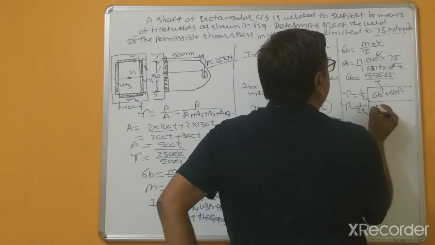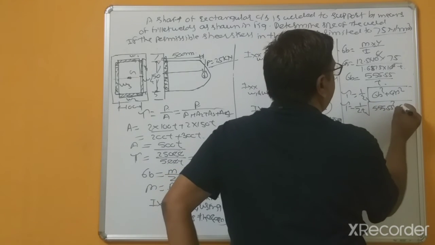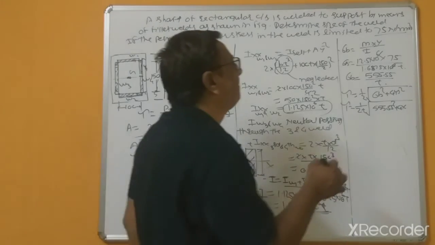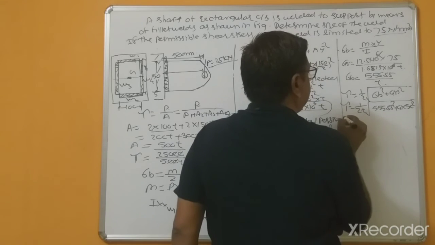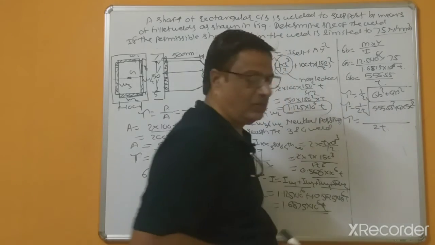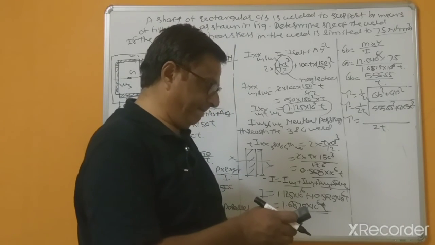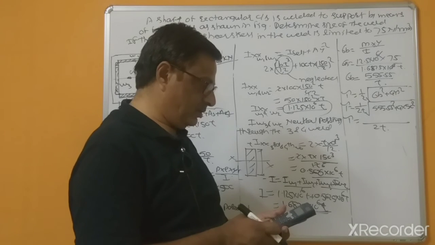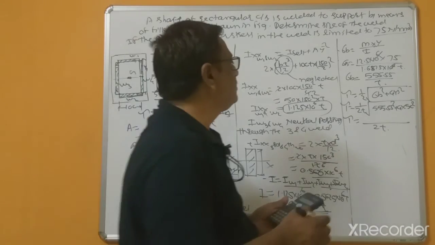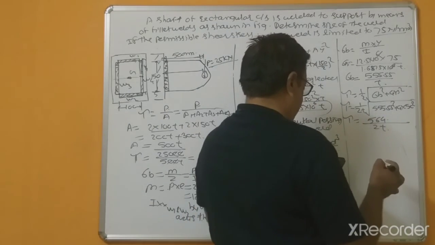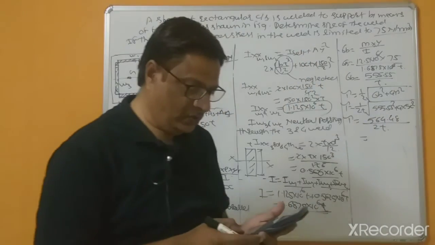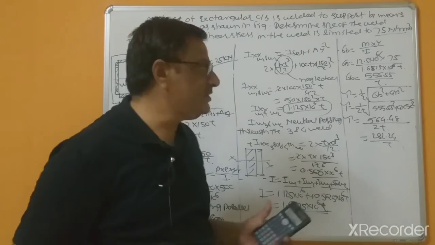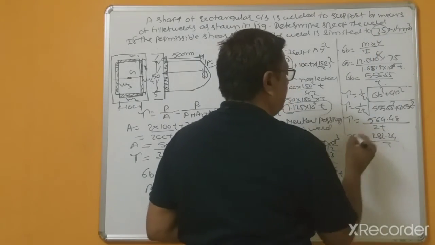Sigma b squared plus 4 into tau squared, where tau is 50, that's why 50 squared. This becomes 564.48, and divided by 2, that becomes 282.24 divided by t, and the allowable shear stress is given as 75. So I will keep this as 75.